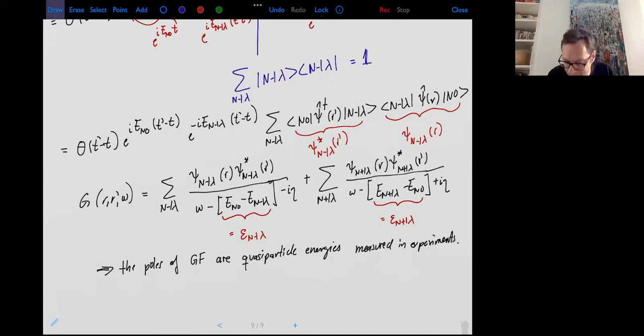While in DFT there is no physical meaning to these Kohn-Sham energies, when we find the poles of the Green's function, they have this very firm interpretation that the positions of the poles are in fact these total energy differences, which are known as the quasi-particle energies.